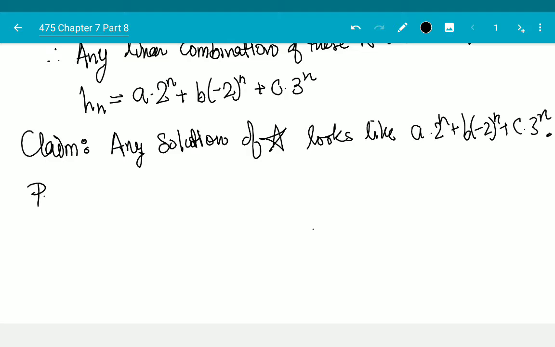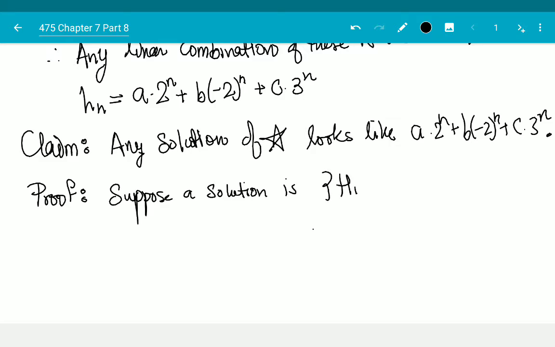Proof. Well, consider a solution h1, h2, h3. Consider there are more than one solutions. Okay, suppose there are infinitely many solutions. I don't know how many solutions are there. Suppose a solution is h_n, n is equal to 0 to infinity.